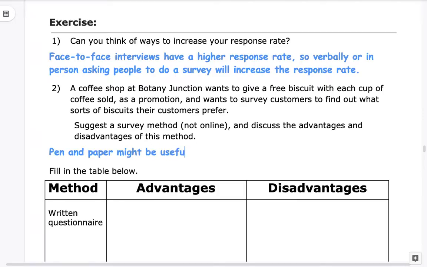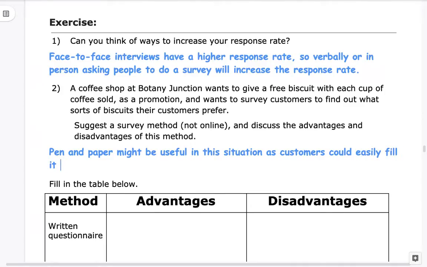Might be useful in this situation, as customers could easily fill it in while they are drinking their coffee in the shop. So that's a good thing.